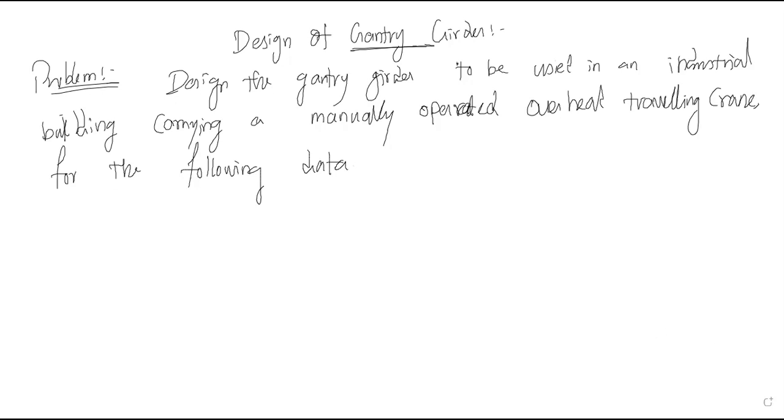So the remaining data are: Crane capacity, 200 kilonewton. Next is self weight of the gantry girder excluding trolley, that is another 200 kilonewton.